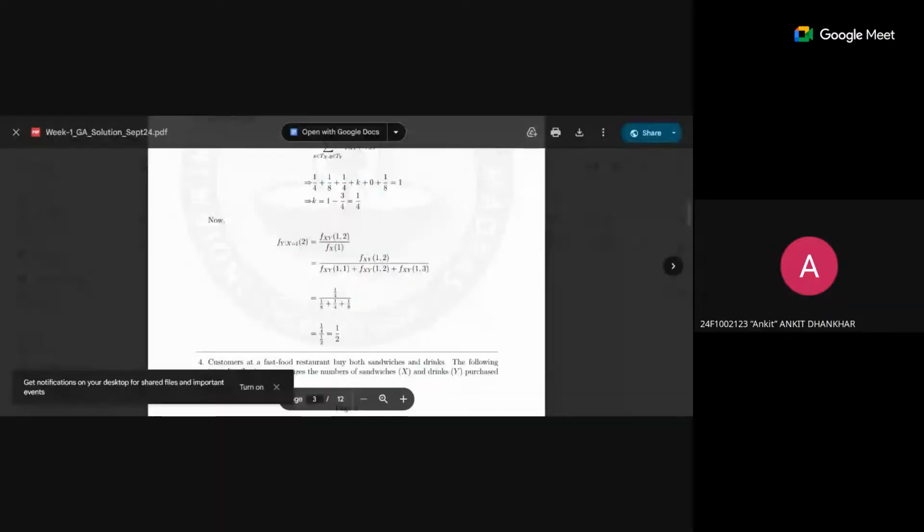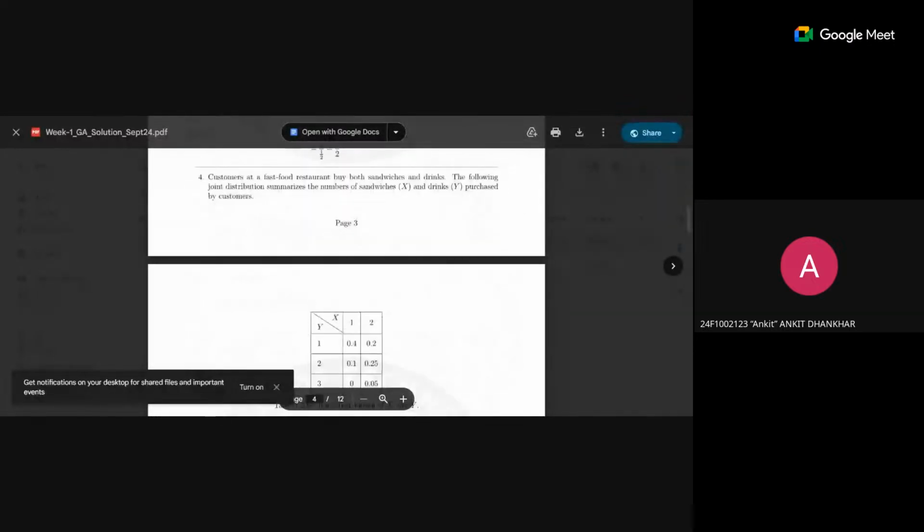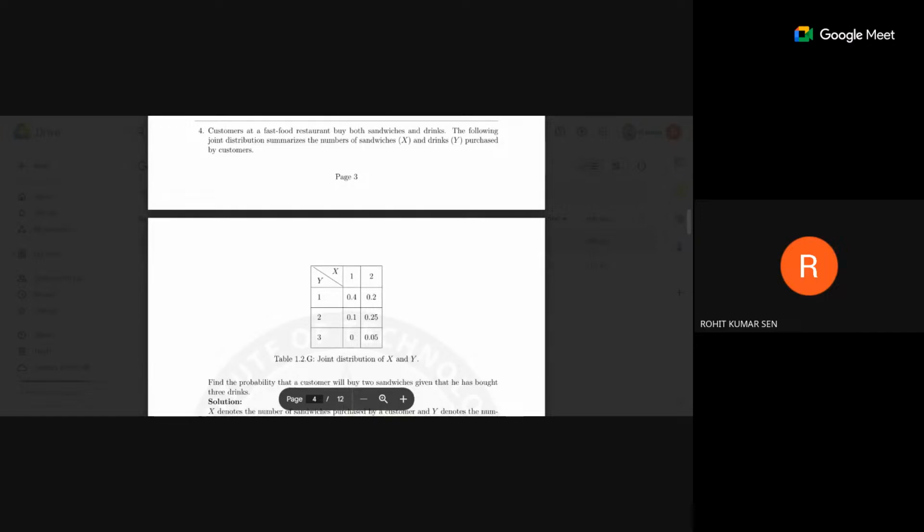For the denominator, it's the summation of f of x, y, for x comma 0. In that case, I am assigning the probability to each firm as 1 by 3 as favorable. This is the question: contract for 2 construction jobs are assigned.